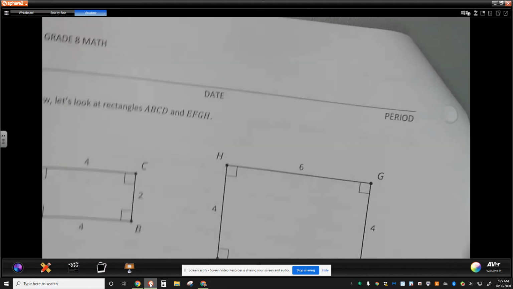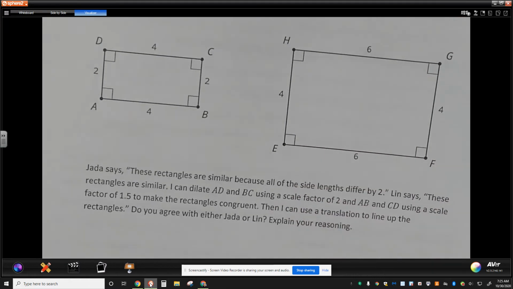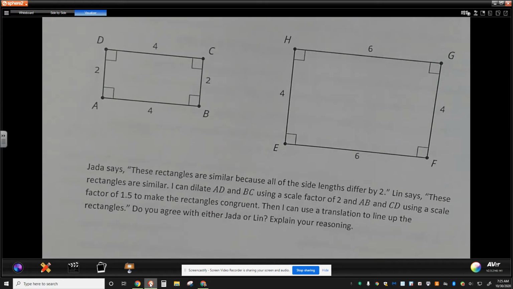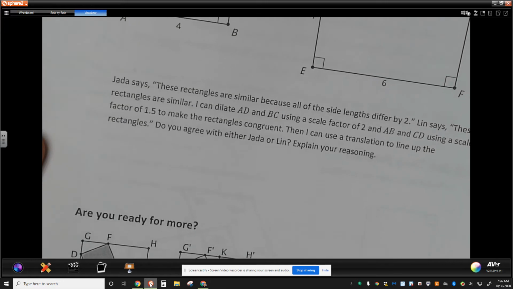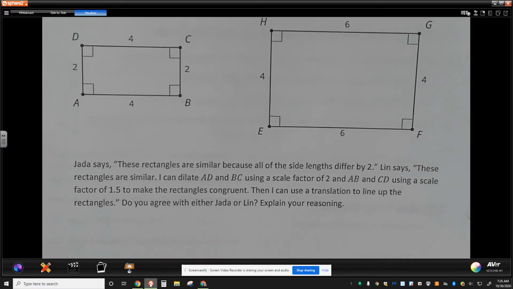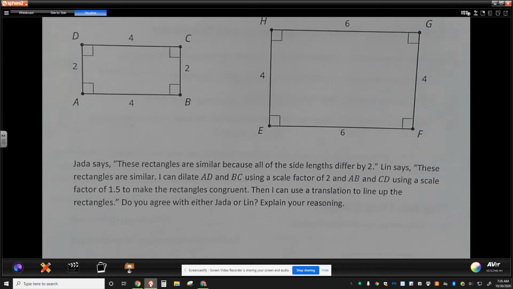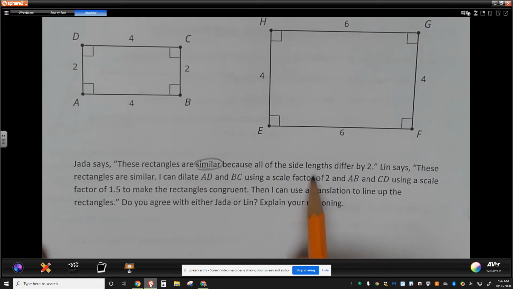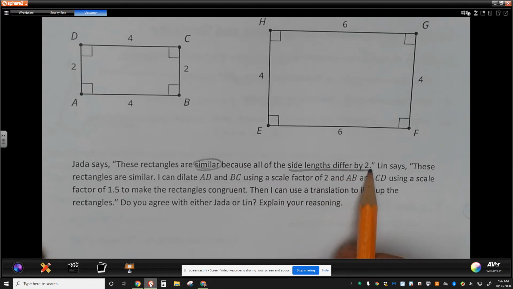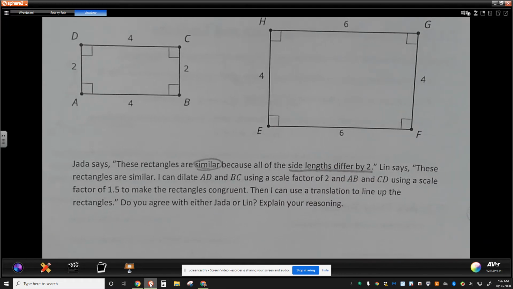The next one. Here's two rectangles. Here's the two student statements. Jada says these rectangles are similar. So she's making the claim they are similar because the side lengths differ by 2. Lynn says these rectangles are similar.